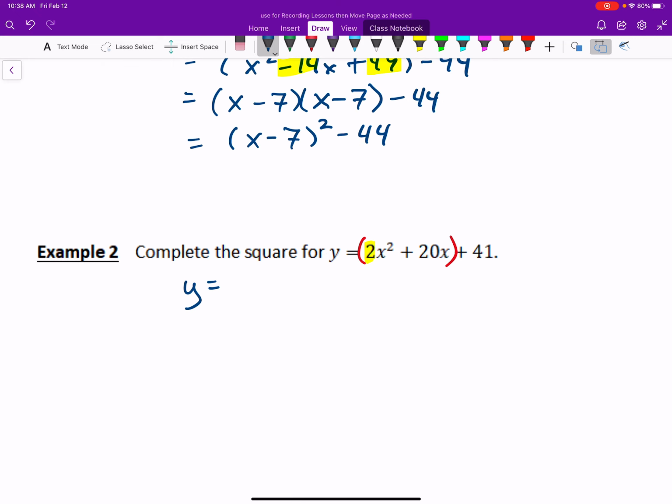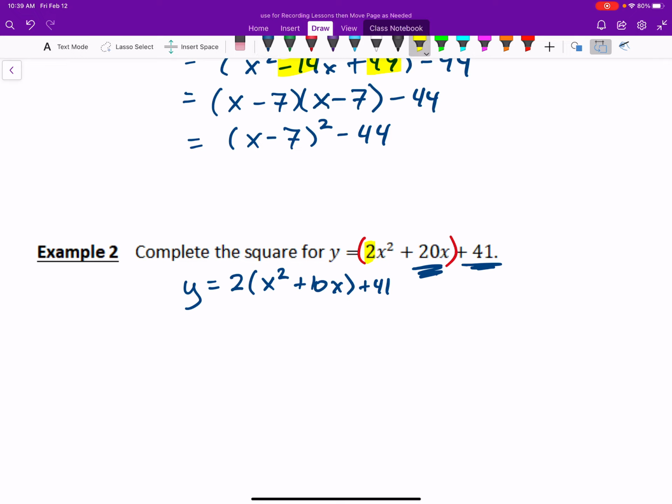So that a value, that 2 in front of the x squared, needs to come out of just the two terms inside the brackets. So 2x squared divided by 2 is x squared, and this 20x divided by 2 becomes 10x. And I still have 41 on the end, because this 41 is not inside the brackets, so it doesn't get common factored out.